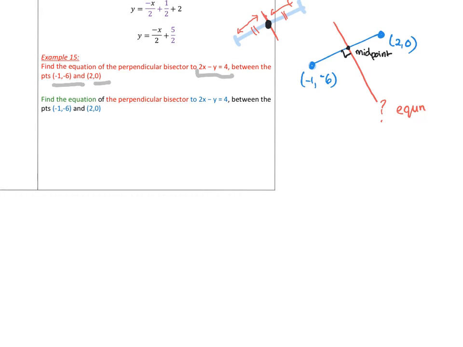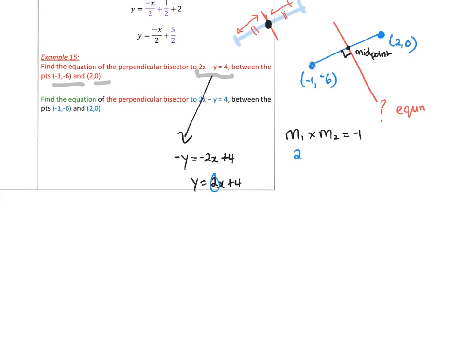So let's go. First I'll get the gradient. We know the gradient times the other one will give negative 1. So I need to get this one's gradient. Let's rearrange. So negative y equals negative 2x plus 4. So the gradient's 2.